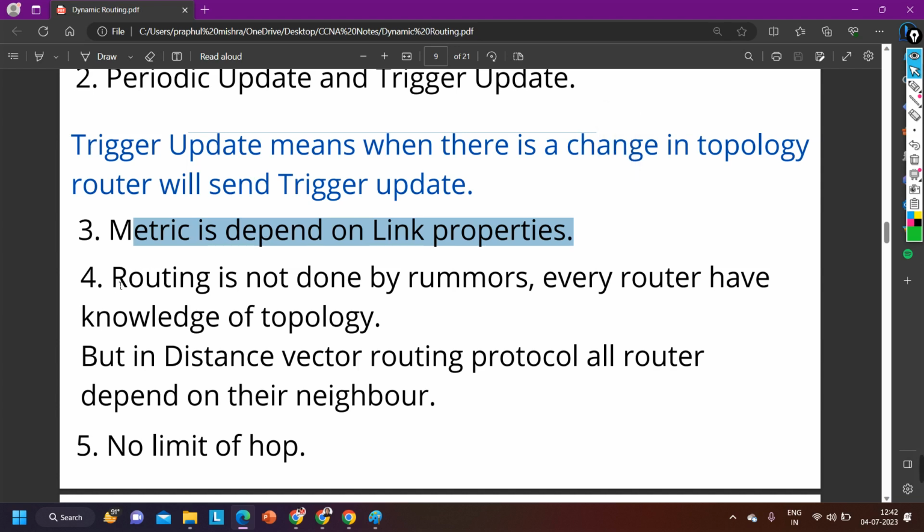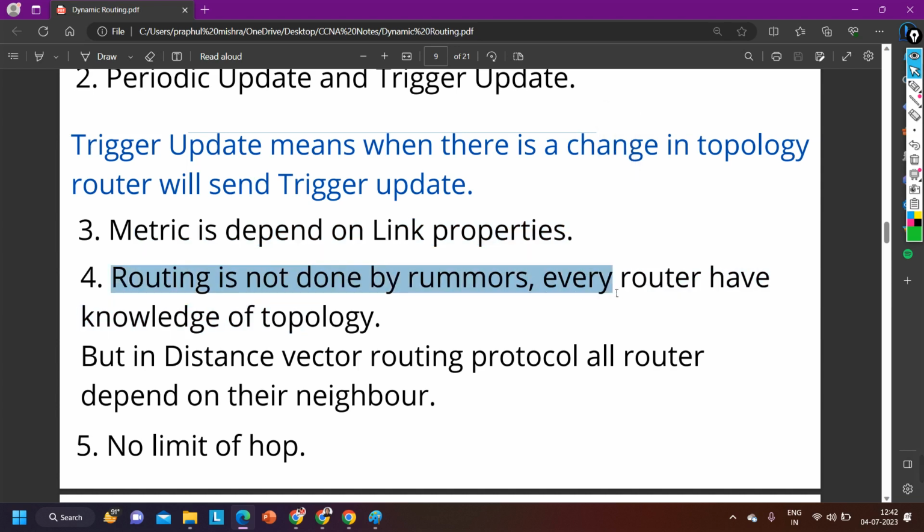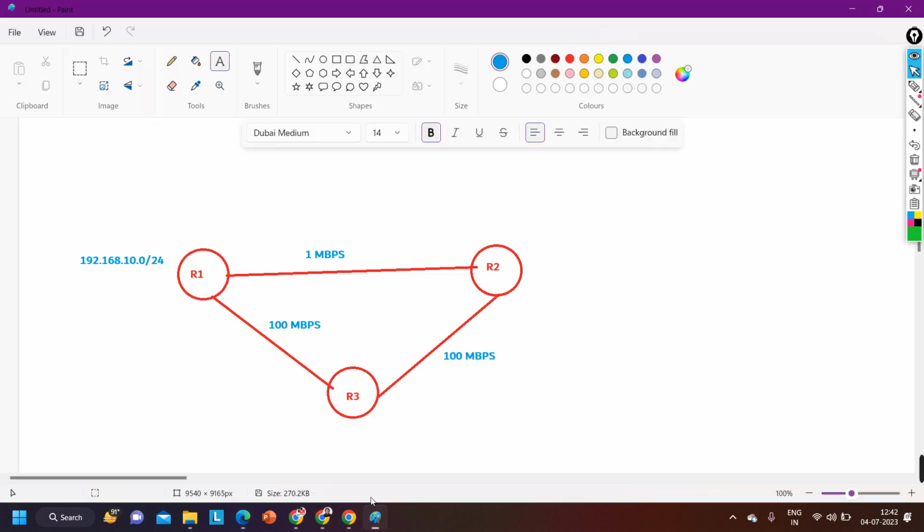Here we don't have routing by rumors, but in case of distance vector routing protocol, let's say we are running distance vector routing protocol here. Router 1 will advertise this network information to router 2 and to router 3, yes or no?